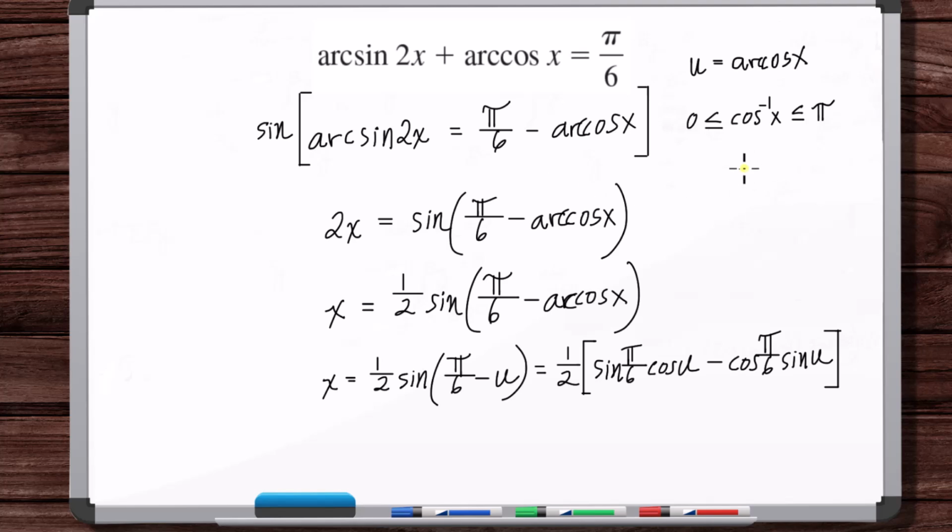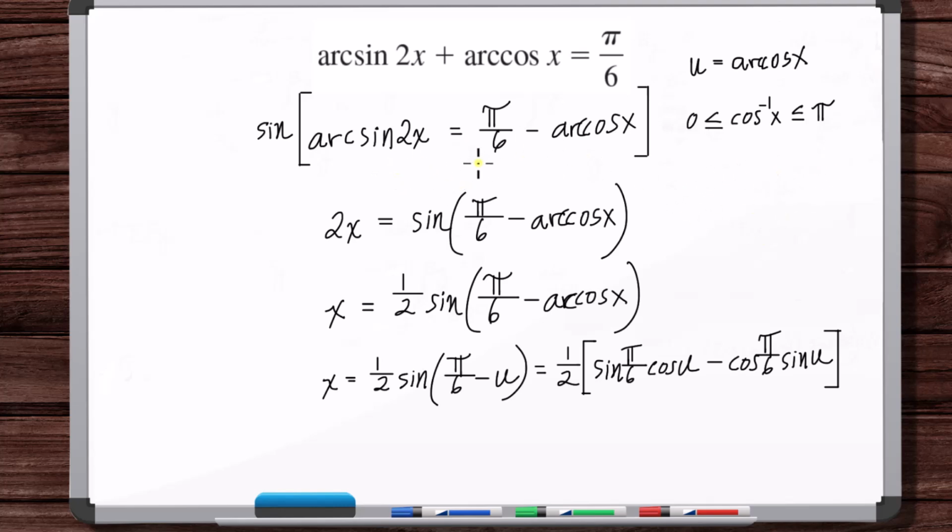But we also have some more information here. We have some information about arc sine of 2x. The output of arc sine of 2x is going to be what? It doesn't matter that we have a 2 in the argument. For arc sine, no matter what the argument is, it's going to be between minus pi over 2 and pi over 2.